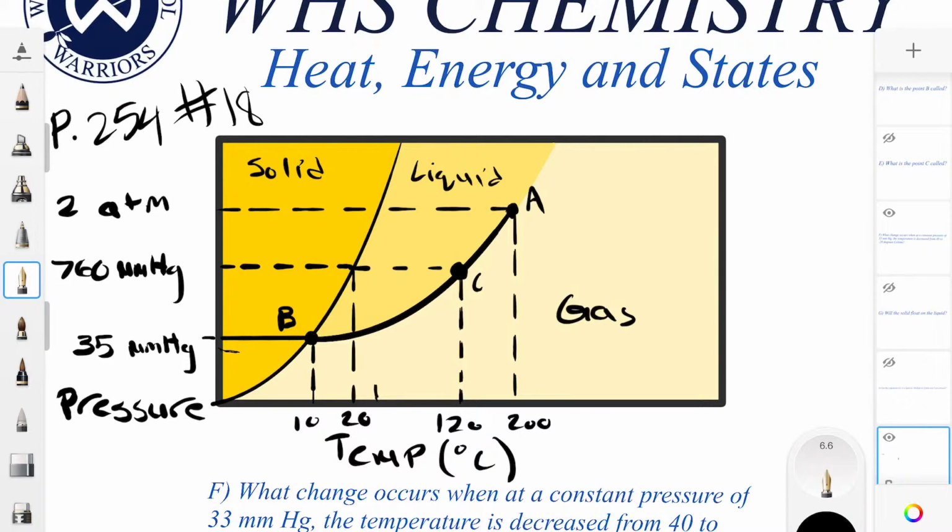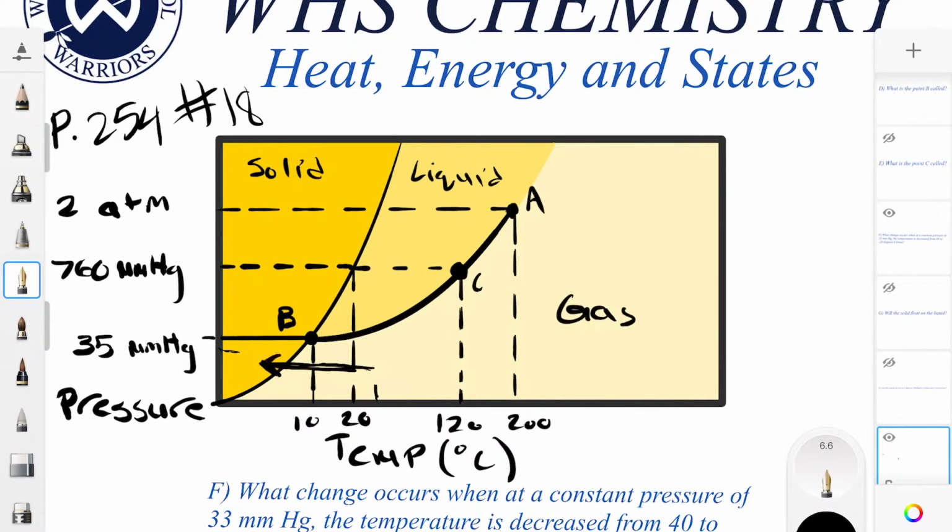So starting at 40 degrees Celsius and 33 millimeters of mercury, the chemical compound is a gas. Now, as the pressure stays constant and as the temperature decreases, we'll see that slowly the compound will start moving towards this phase over here.